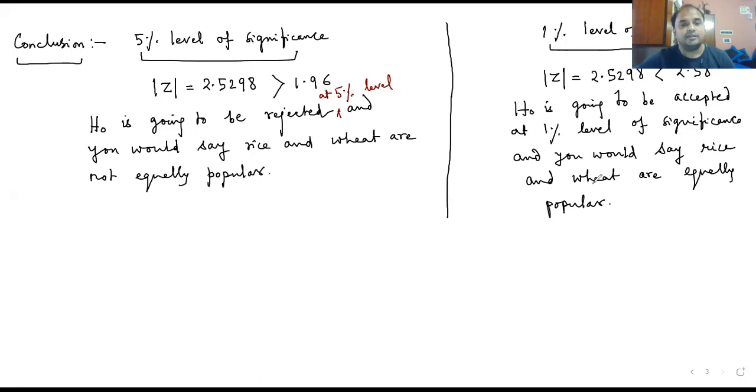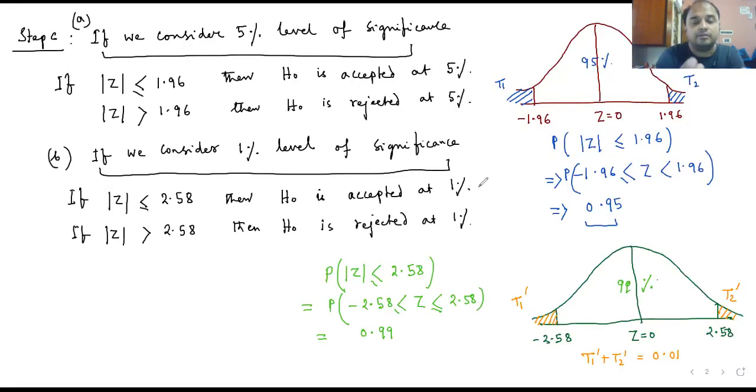At one point, we are saying that rice and wheat are not equally popular, and at another point, we are saying that rice and wheat are equally popular. Now, how can this be? This level of significance kind of thing, these are all statistics. Sometimes I say statistics is a subject of manipulation.